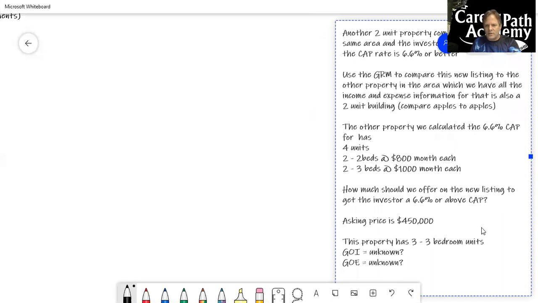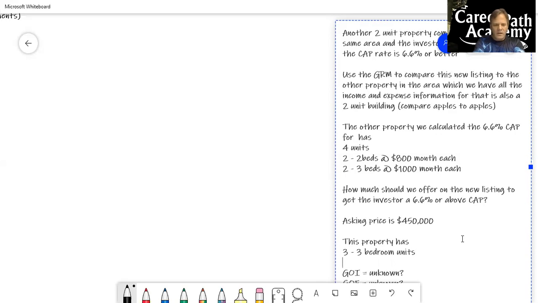And it's going to have, this property has 3 3-bedroom units. And 1 2-bedroom unit. We don't even know what the rents are.